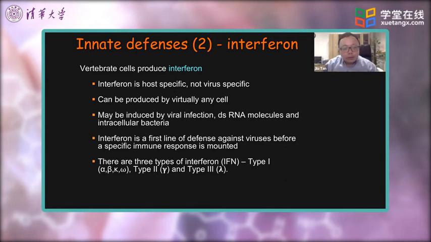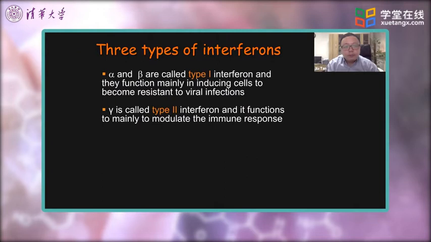Currently, there are three types of interferons known, which can be classified into type 1, type 2, and type 3. The type 1 interferons contain the so-called alpha and beta interferon. They are the main functioners in inducing cells to become resistant to virus infection.